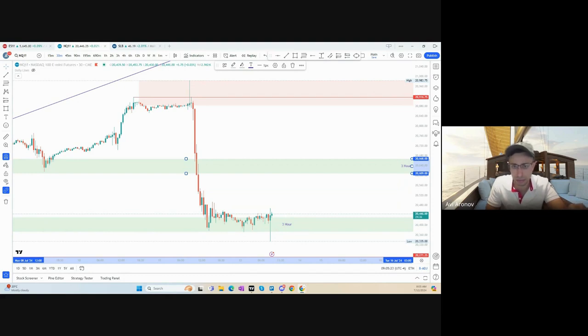So what we're looking at is basically a rally here. We want to play that long towards here, if we're seeing on the tape very heavy buying pressure, which right now we are seeing more towards 20,500, but we want to see what happens in the first 5 minutes of the open.